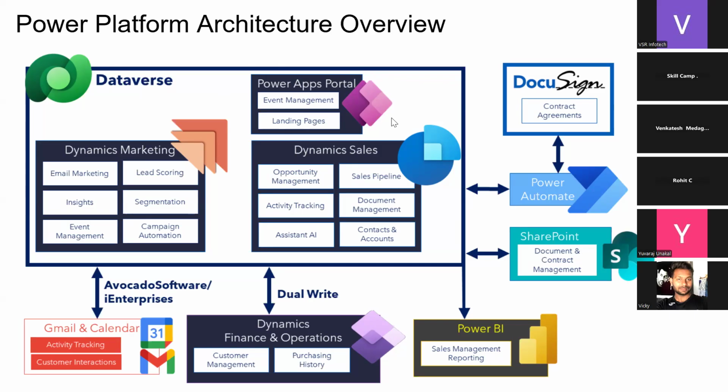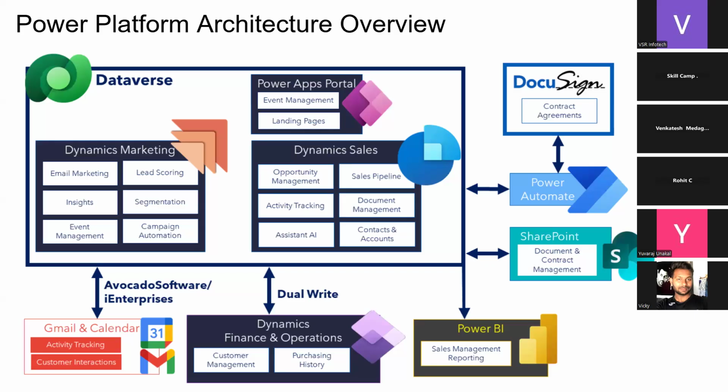page. Now, let's say you have a friend who came up with an idea to start an event management company, right? So in order to help him grow, you will have to make an event management application. That application will have some landing pages. What is a landing page?